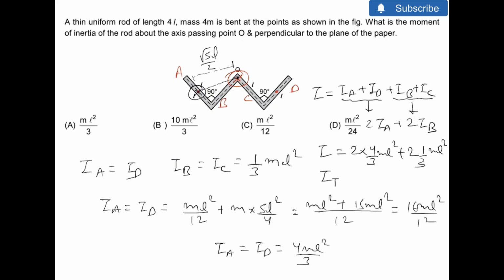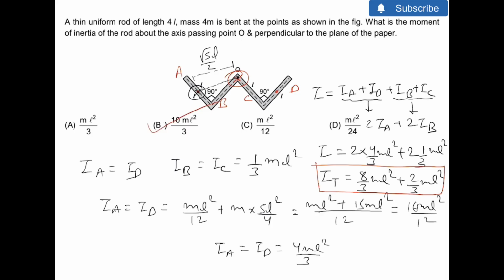So I total will be 8 by 3 ml square plus 2 by 3 ml square. So this is the total moment of inertia, which is 10 by 3 ml square. So the correct answer will be option number B.